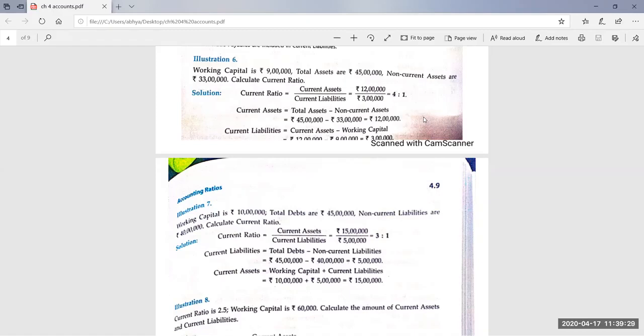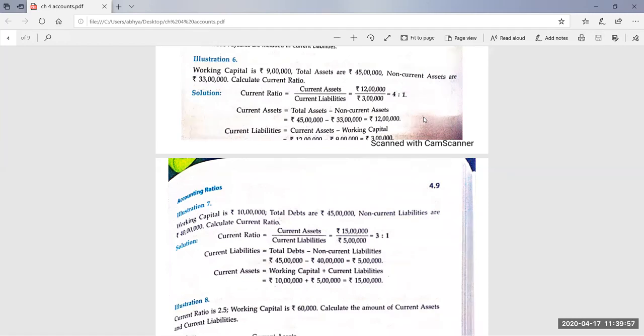Put the values in the working capital formula, that is current assets minus current liabilities, and you will be able to find the value of X. I have explained the method. Just put the values. Current ratio 2.5, working capital 60,000. Calculate the amount of current assets and current liabilities.